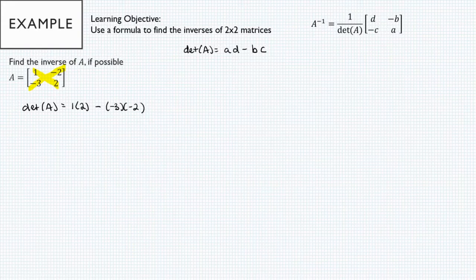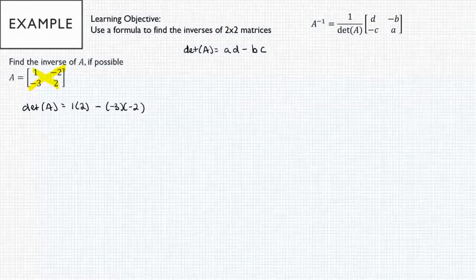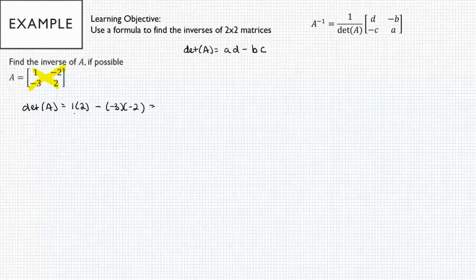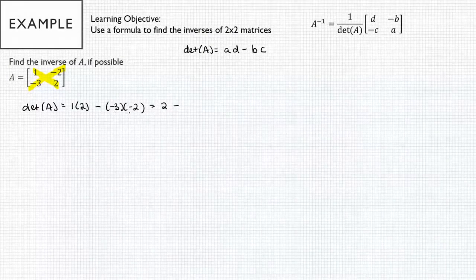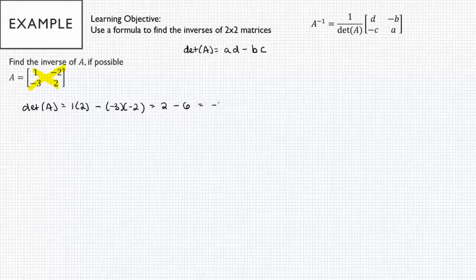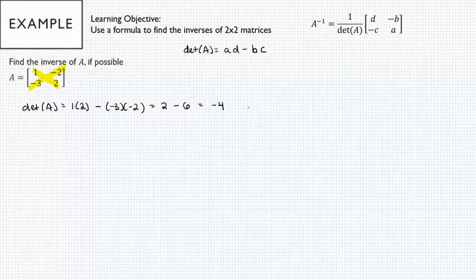So it's one diagonal minus the other. You have to make sure you're doing the subtraction in the correct order. So we get 1 times 2, so that's 2 minus, and then a negative 3 times negative 2, that's a positive 6. And that will give us negative 4. So that is not 0, which means that, yes, we have an inverse.